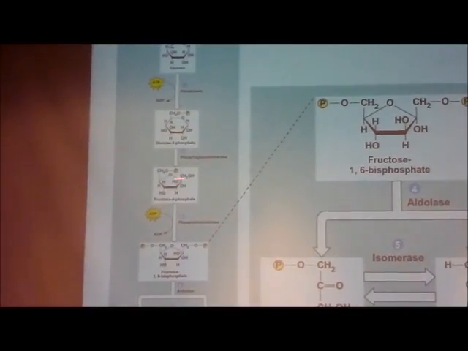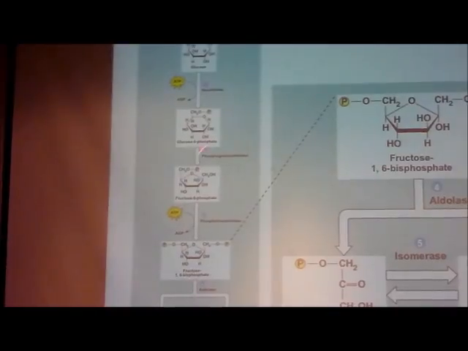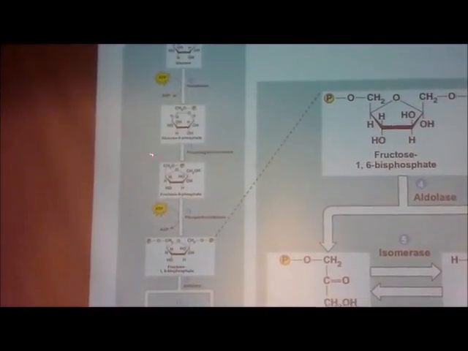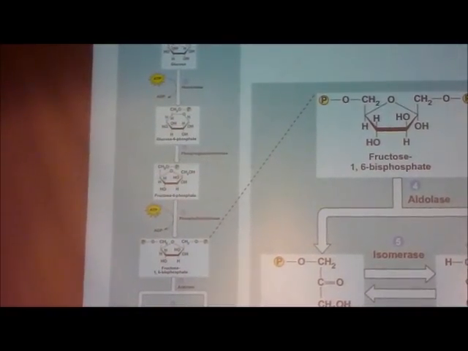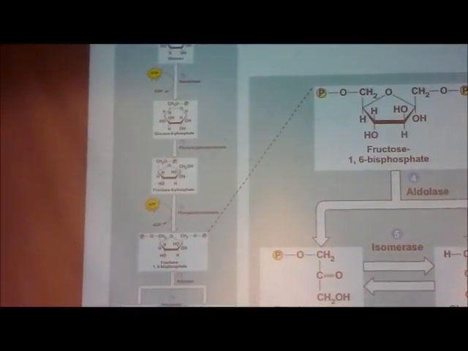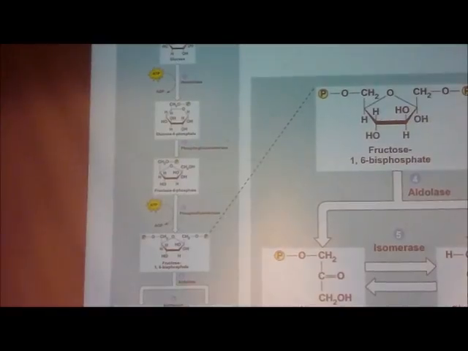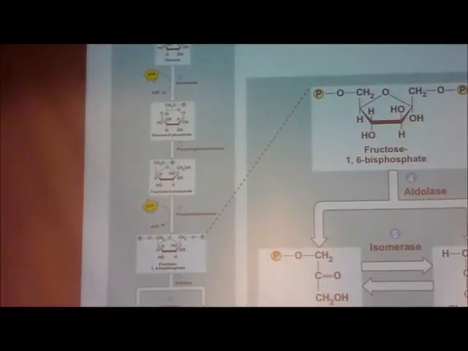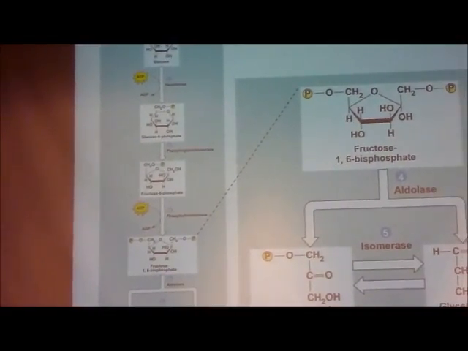Okay, it's a hexagon. This ring is now a pentagon. Okay? So what this has effectively done is it has switched it from glucose 6-phosphate to fructose 6-phosphate. So phosphoglucoisomerase recognizes a phosphorylated glucose and facilitates the alteration of that glucose 6-phosphate to fructose 6-phosphate. So it allows us to switch between isomers.